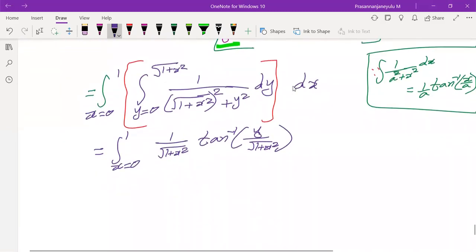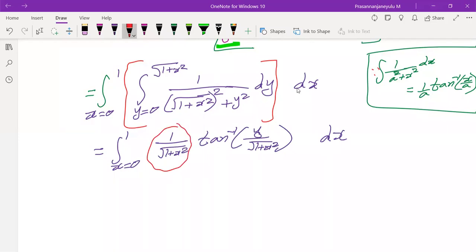Now into dx, but we have to apply the limits of the y variable. We have to apply the limits only for the y variable, so there is no effect of the y limit on this 1 by root of 1 plus x square, so I'm putting brackets only for this. The y limits are varying from 0 to root of 1 plus x square.